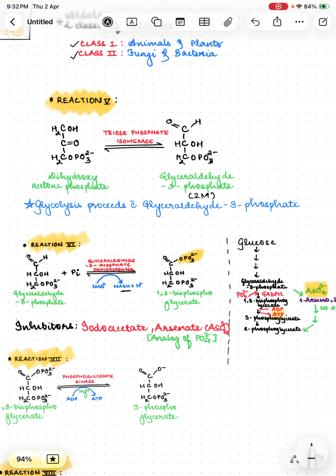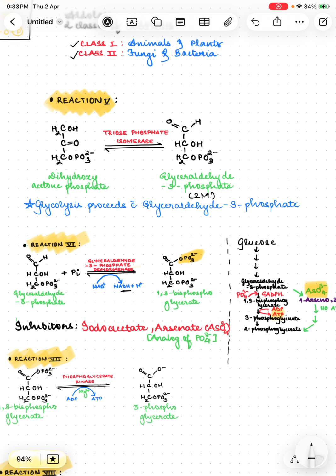As glycolysis proceeds with glyceraldehyde 3 phosphate, this dihydroxyacetone phosphate gets converted into glyceraldehyde 3 phosphate with the help of the enzyme triose phosphate isomerase. So now we have two molecules of glyceraldehyde 3 phosphate, which will enter further reactions.